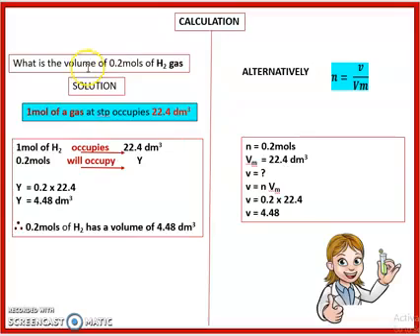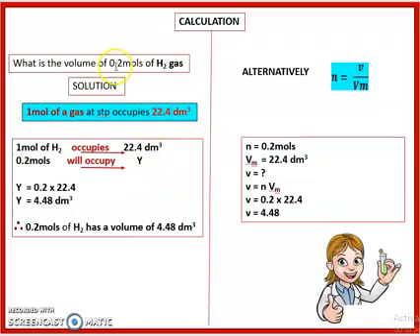What is the volume of 0.2 moles of hydrogen gas? This is the question we are going to attempt. Remember, 1 mole of a gas at STP occupies the volume of 22.4 dm3, right? So that means 1 mole of hydrogen gas occupies 22.4 dm3 volume.